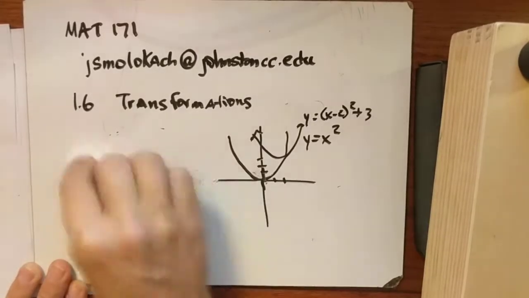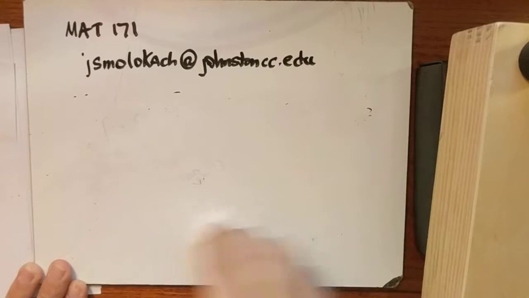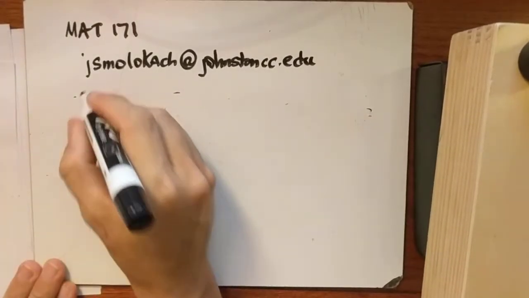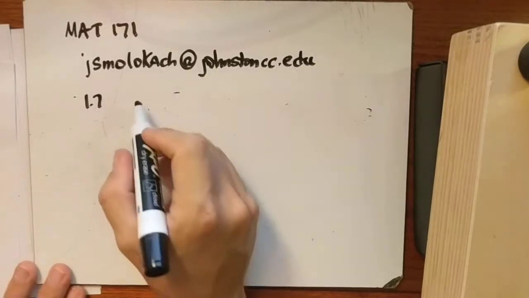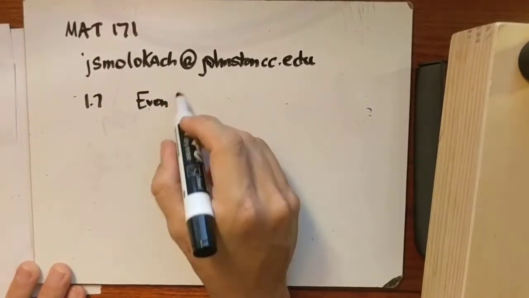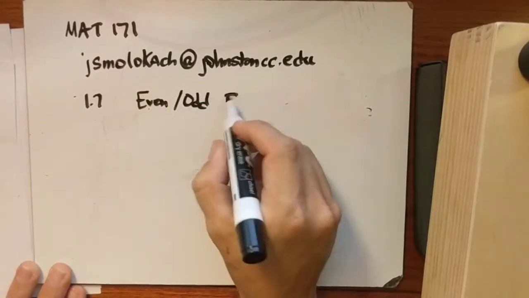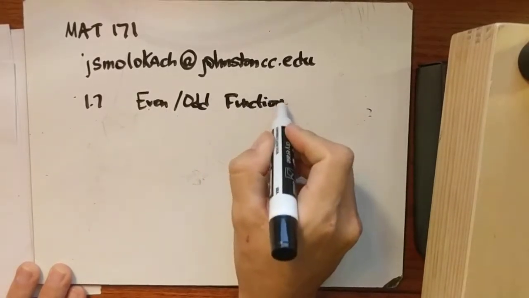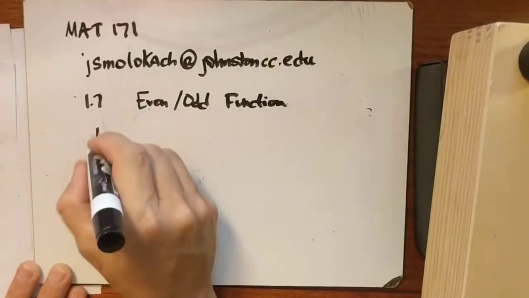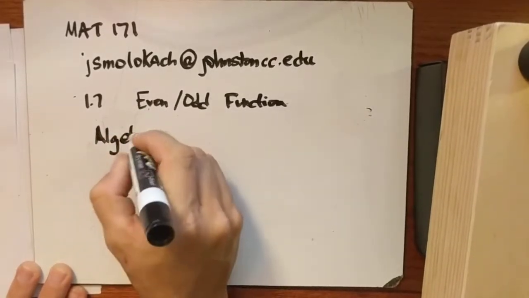In fact, right now, the 1.7 section. In 1.7, there's a lot of things going on, but the first thing is, what is an even function or an odd function? There's a couple of ways to test this out. First of all, there's an algebraic way.